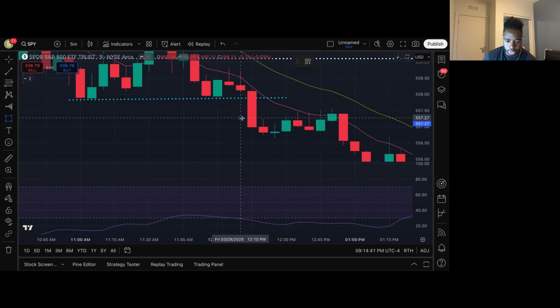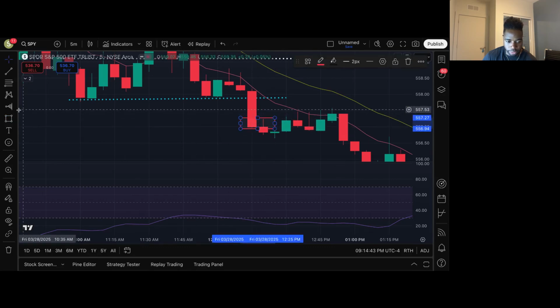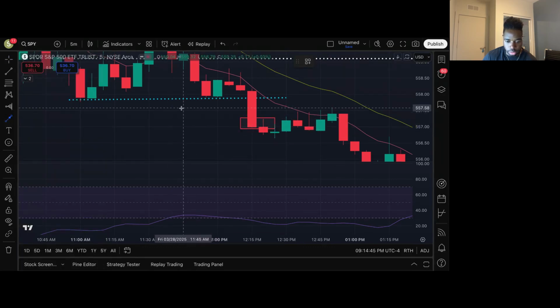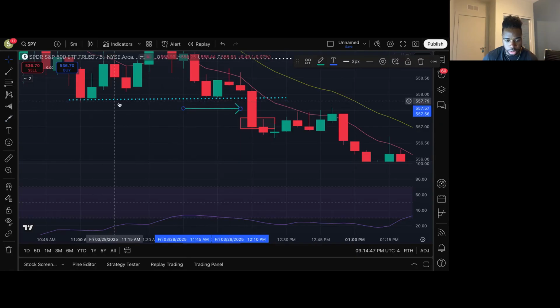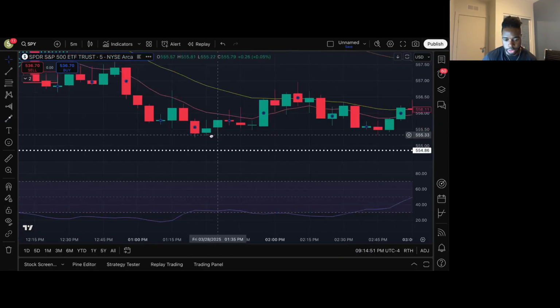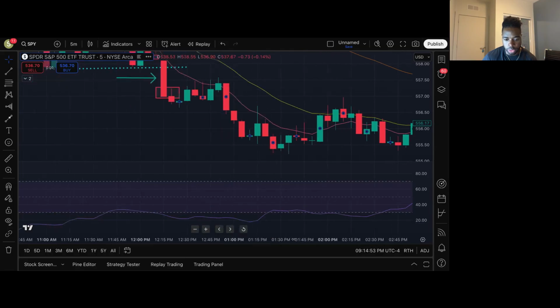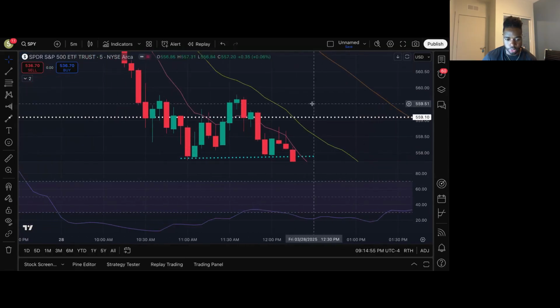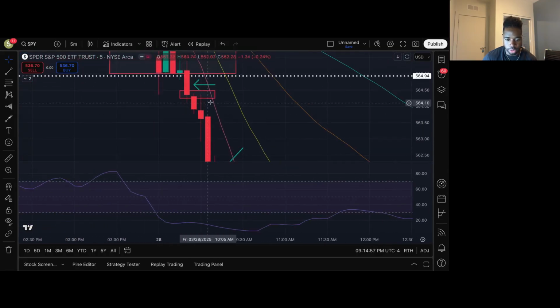So there's a potential entry after that bar. This is a nice bear bar breaking below structure, a nice entry that would send us pretty much all the way down. So on this day, there are three possible really good entries.